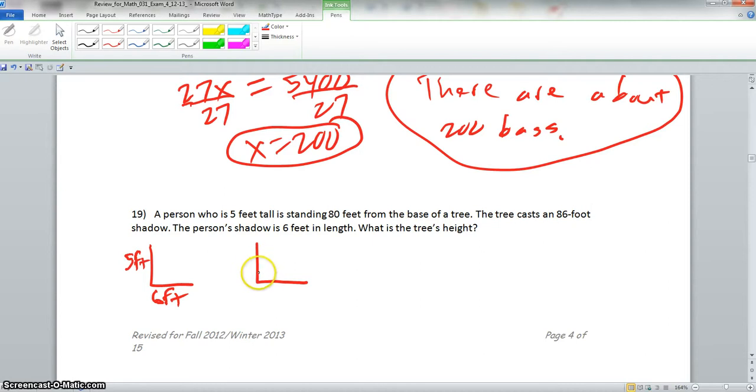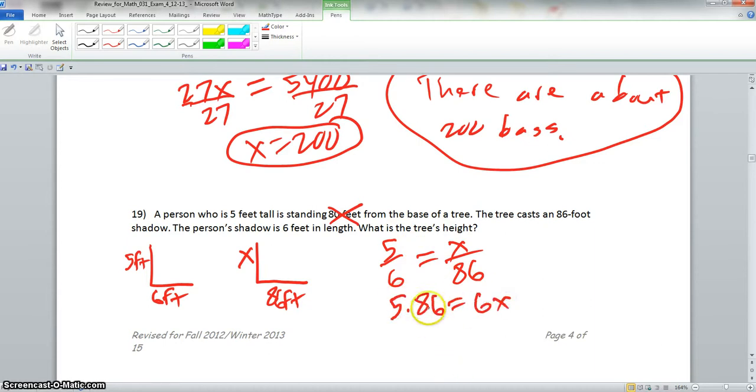Now we go over here to the tree. It says the tree casts an 86-foot shadow. So this is the shadow. We do not know the tree's height. This 80 feet is actually unnecessary as far as solving the problem. So what we would do is set this up in a proportion. We have 5 over 6 is equal to x over 86. Now we cross multiply. We have 5 times 86 is equal to 6x. 5 times 86 is 430 equals 6x.